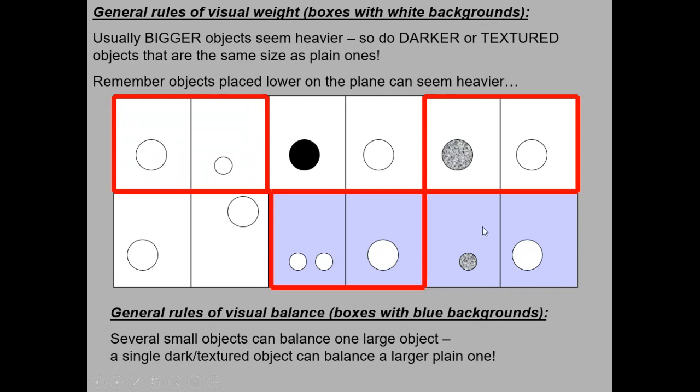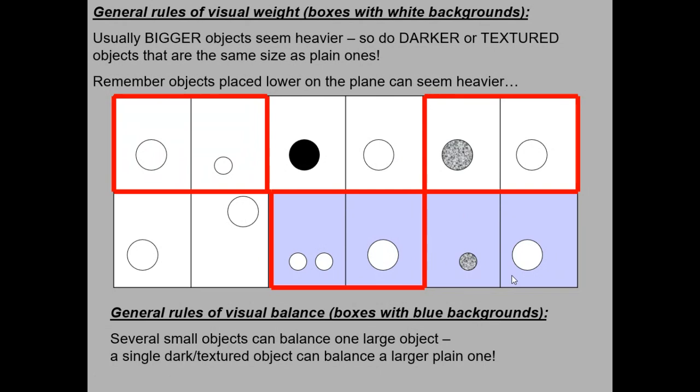In these examples here, against this bluish background, I have two small things that feel about the same weight as this one large thing. So this larger shape can balance a couple, three smaller ones. We can create balance by using a small thing that's darker or textured to balance a larger thing that is lighter.